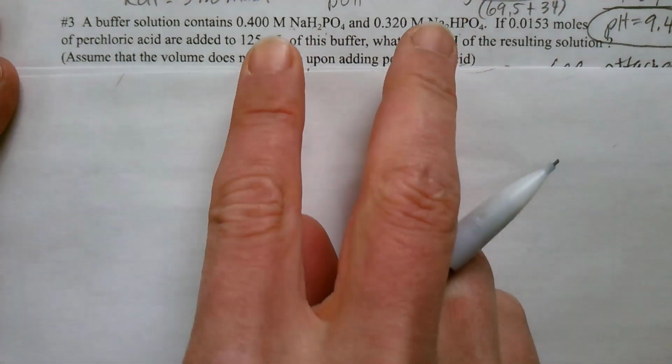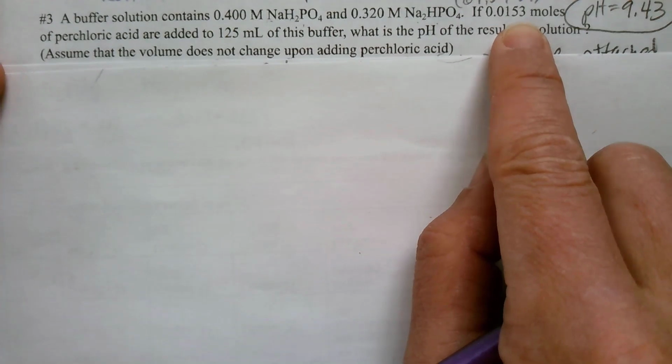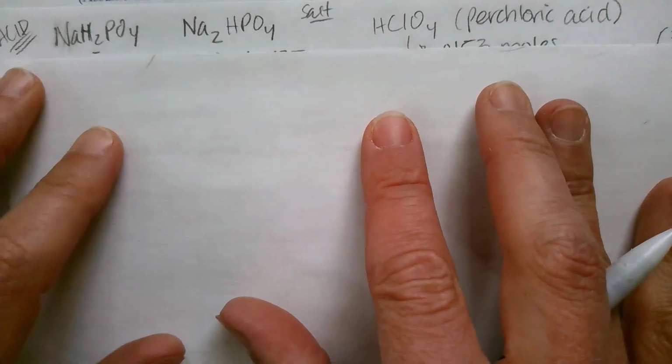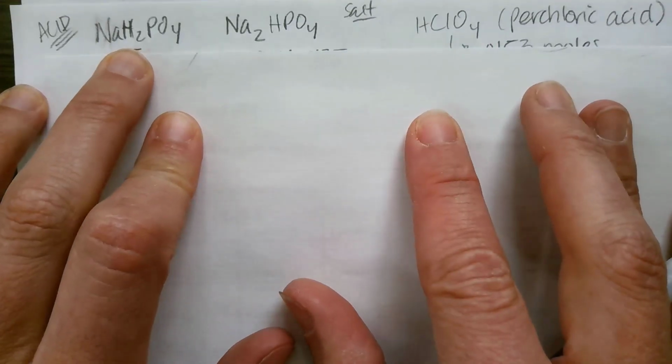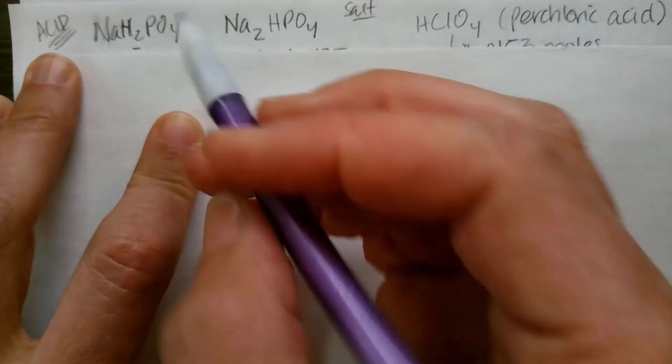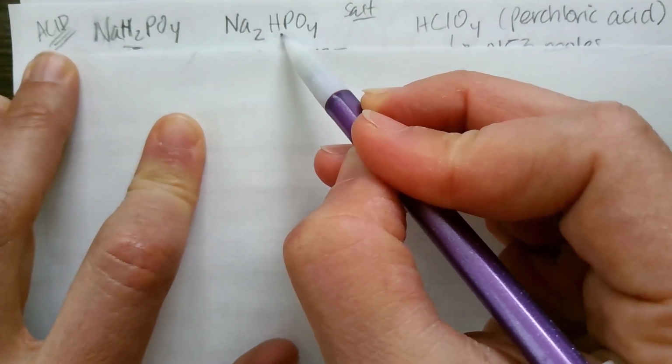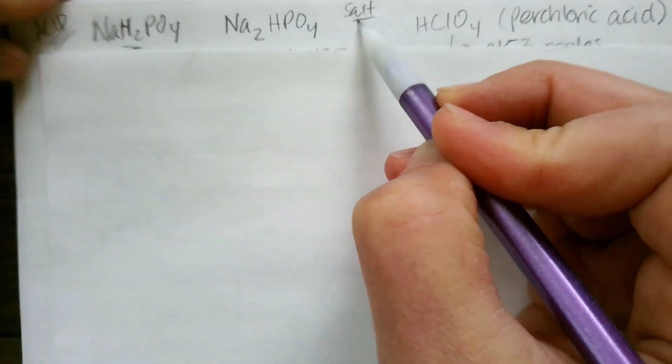All right, so we're given concentrations of both, and we're adding perchloric acid to this buffer. So let's look and see what we've got. We've got the NaH2PO4, that's acting as our acid. Again, more hydrogens. There's 2 hydrogens in this guy versus 1 hydrogen here, so this acts as our salt.